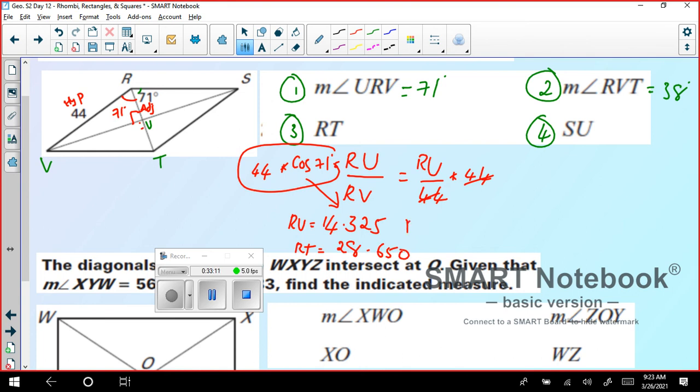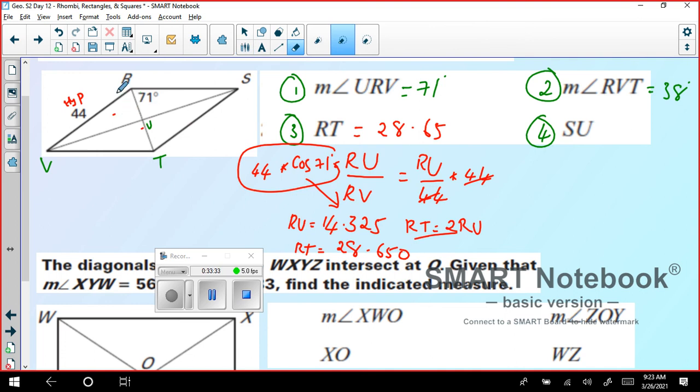I'll just write one more step in case: RT equals twice RU. So I just did this and I got RT equals 28.650. So I'll put here 28.65 or 650.